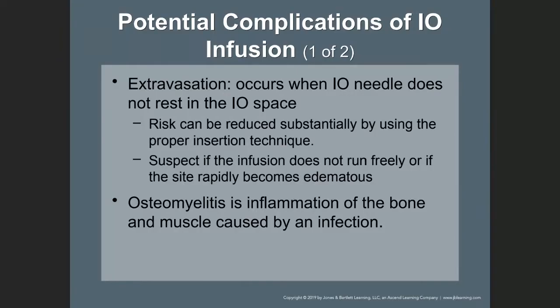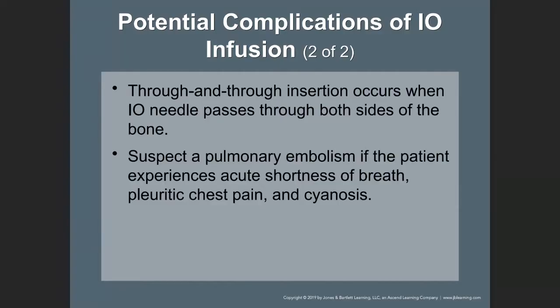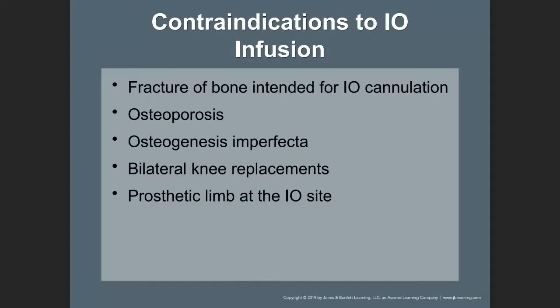Osteomyelitis is inflammation of the bone and muscle caused by an infection. Through-and-through insertion occurs when an IO needle passes through both sides of the bone. Suspect a pulmonary embolism if the patient experiences acute shortness of breath, pleuritic chest pain, and cyanosis.